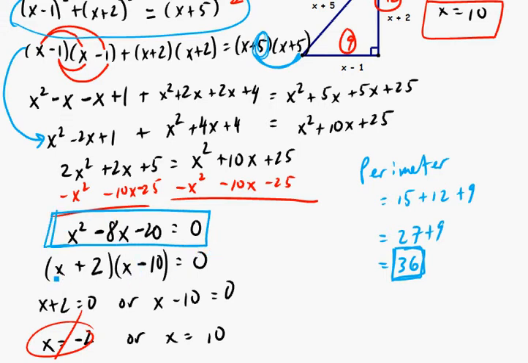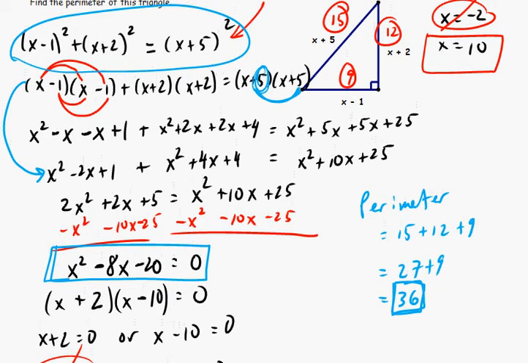Then we used our factoring skills and got two possible values for x, but we noticed that if x equals negative 2, this length would be negative, which doesn't make any sense. We can eliminate that solution, which narrows down our solution to just x equals 10, and then we substituted it to find the length of these three sides, and added the lengths of those three sides to find the perimeter.